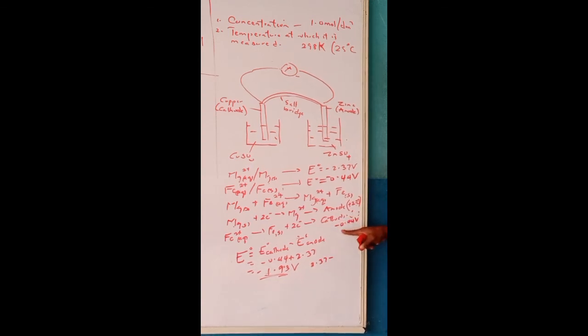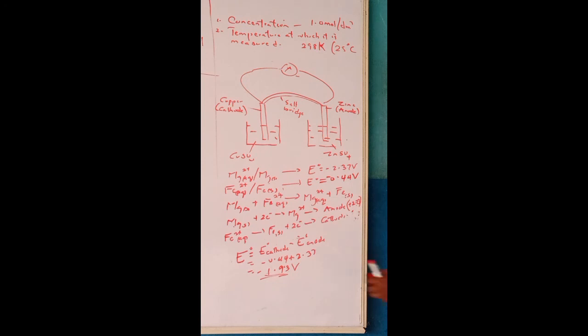Now in this anode, it's just going to be 0.44. But because it's going to cause confusion, we are not going to do that. So let's just leave it this way. It still doesn't matter.